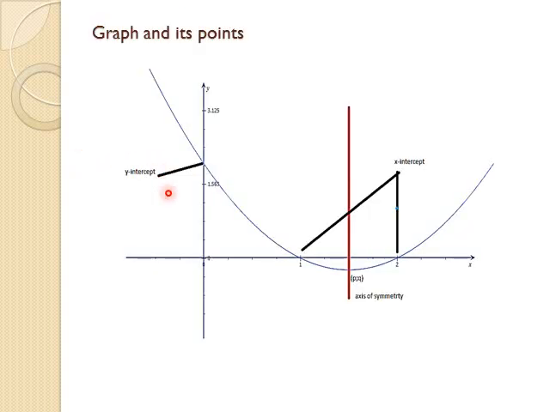In the graph itself, where it makes contact with the y-axis, that's referred to as my y-intercept. These two values, 1 and 2, where it makes contact with the x-axis, those two are referred to as my x-intercepts. We also have what we call the axis of symmetry, which you should have learned from primary school. That line cuts the graph in such a way that this side and that side look identical to each other.